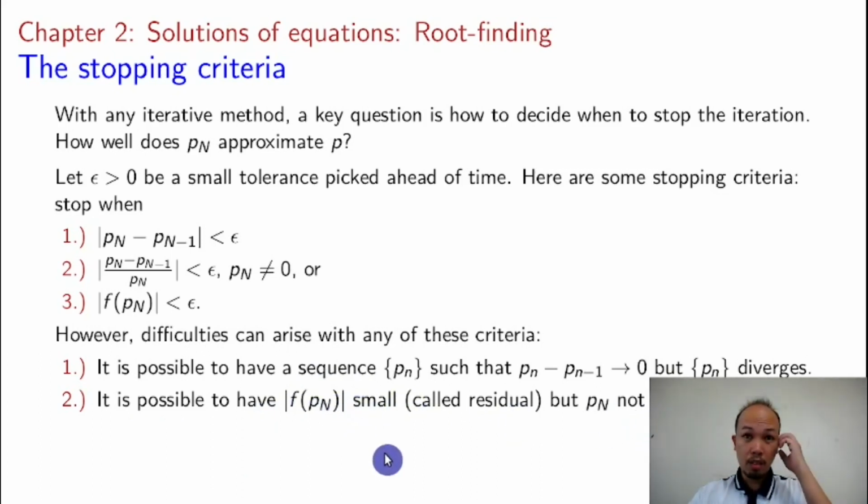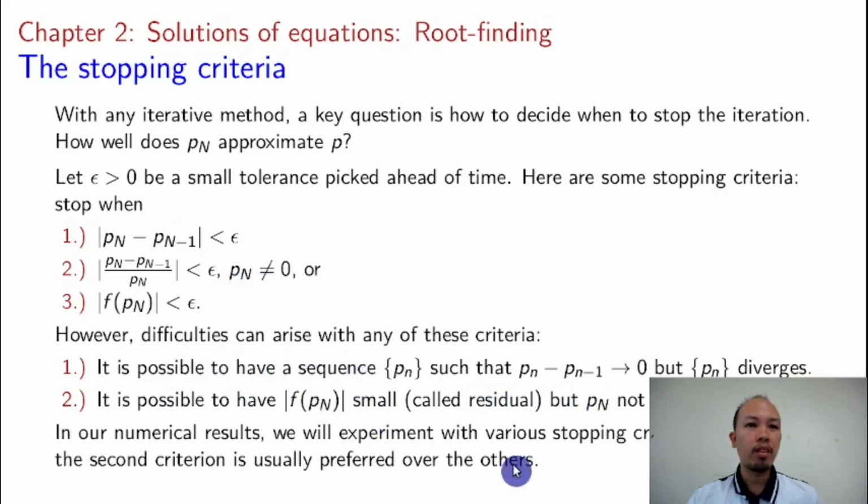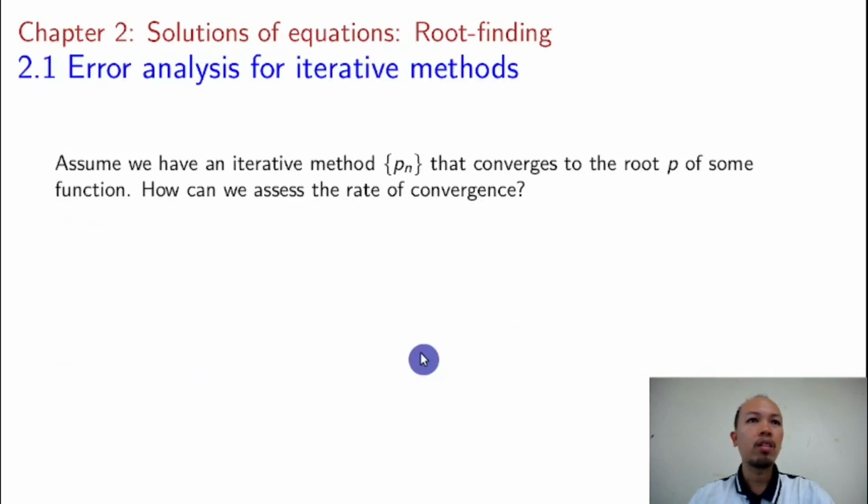Maybe you can find an example for these two situations when using the stopping criteria. In our numerical results, we will experiment with various stopping criteria. However, the second criterion is usually preferred over the others, this one here.